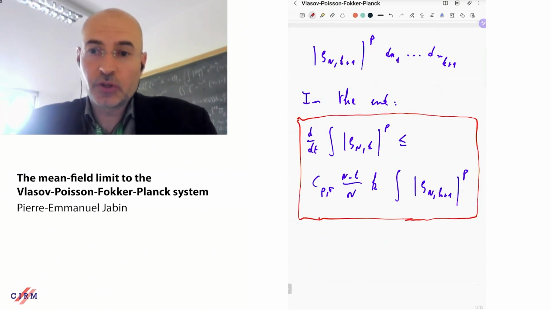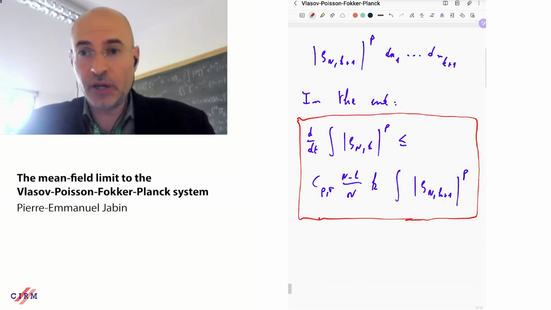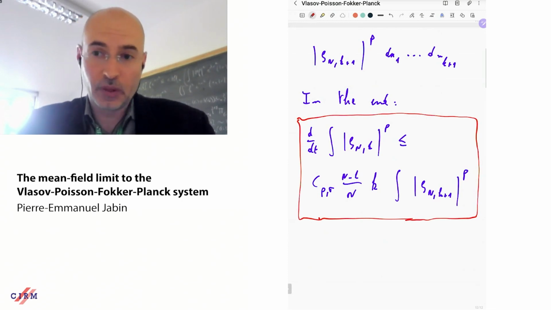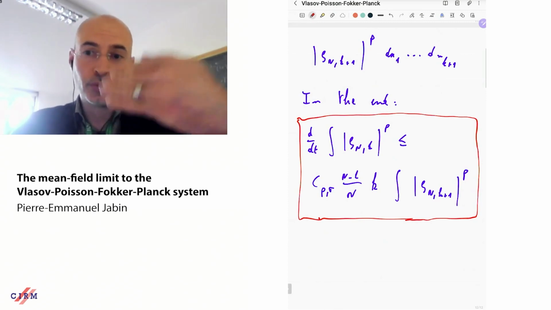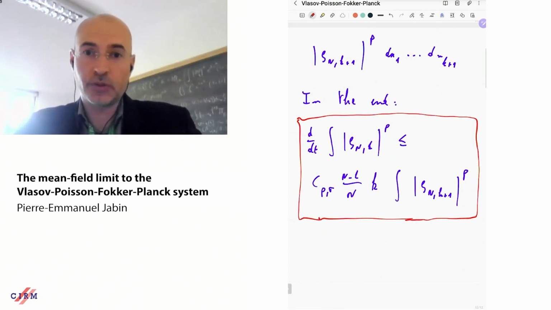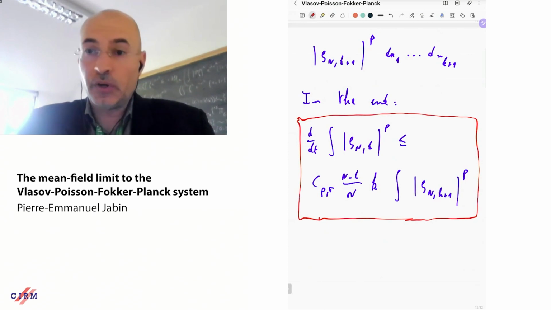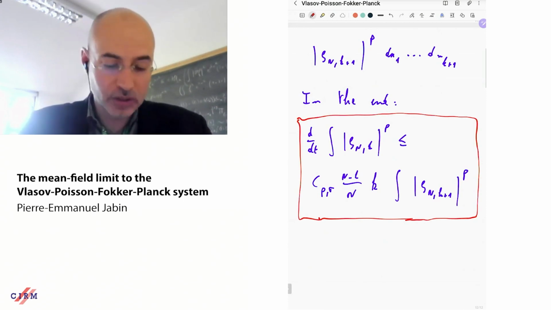This is a system of coupled ODEs. I still have a hierarchy of ODEs here because to bound the LP norm of rho n k, I need to bound the LP norm of rho n k plus 1. So I'm going to push that further and further, till I've reached the last one, rho n, which is the full joint law, and its LP norm, I know what it is because it's propagated.